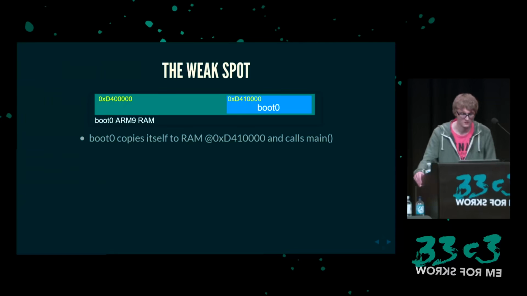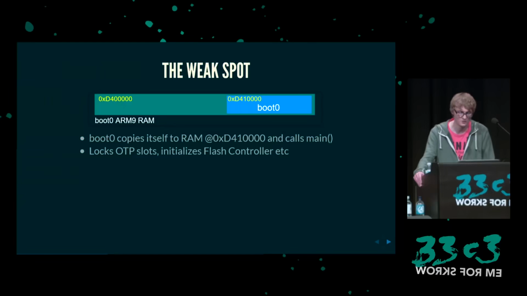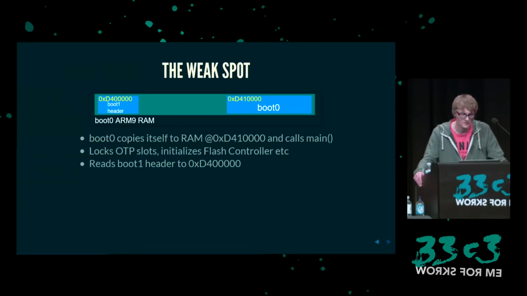It copies itself to RAM and just executes from there. Then it copies the boot1 key to memory. It locks out the OTP slot, initializes some other stuff in the flash controller, and then starts reading the boot1 image by reading its header to this address.